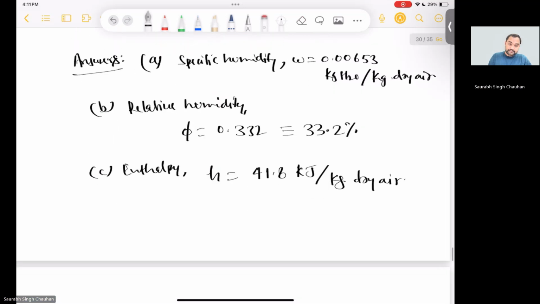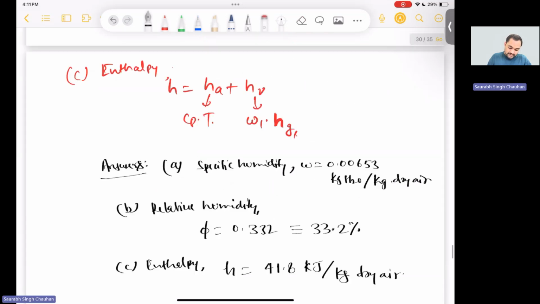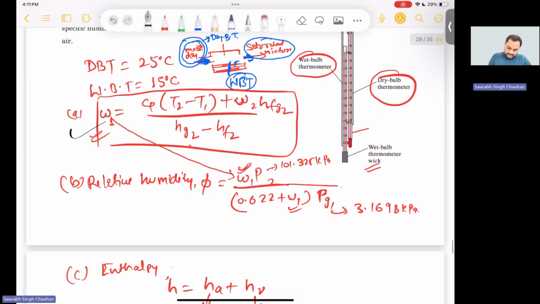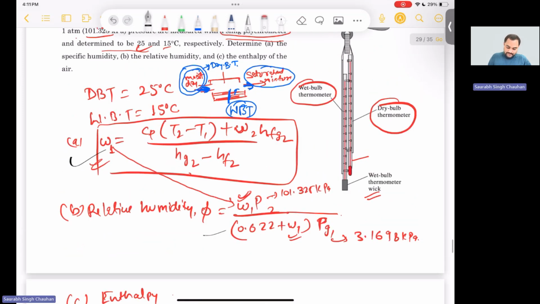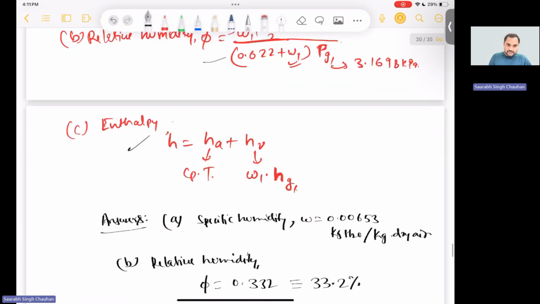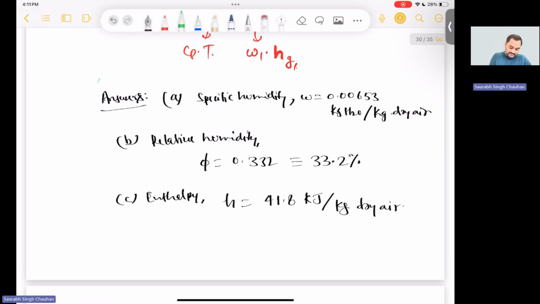So I request you to please try to solve this question yourself using these relations, or you can start from the basics and try to derive this equation. Some values are not given; for those, you can use the property tables and you should get these values.